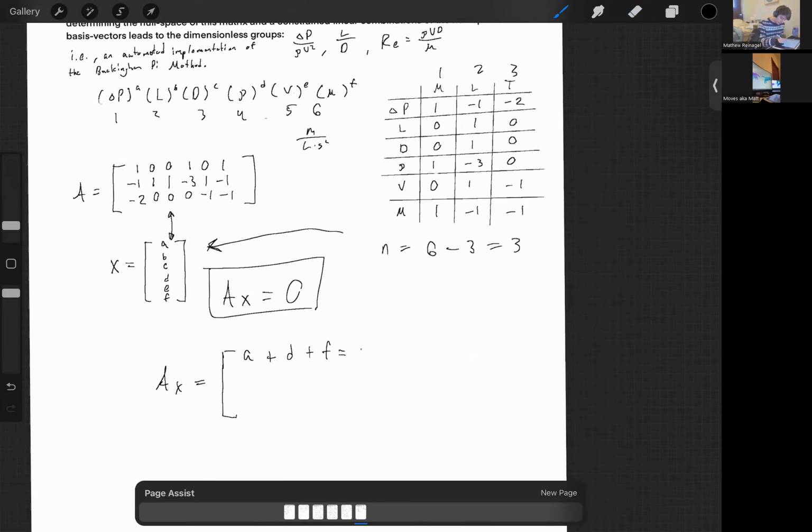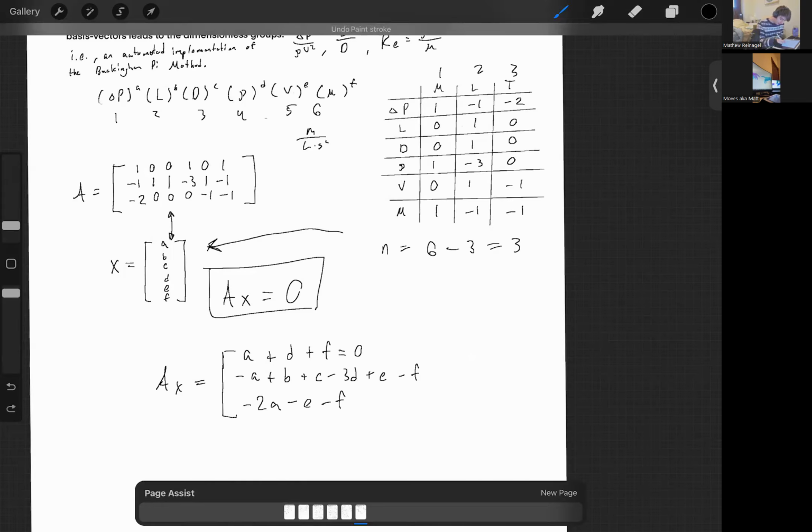And this equals 0. For the second group, we have negative A plus B plus C minus 3D, and this would be plus E minus F. And then lastly, we have the third group, which is negative 2A minus E minus F. And all of these equal 0.